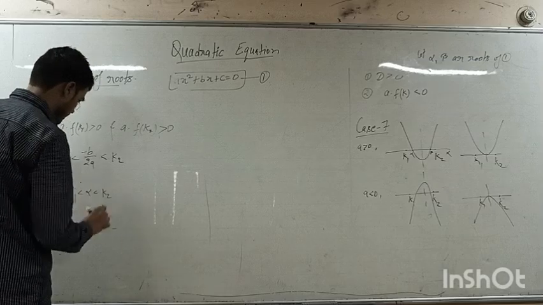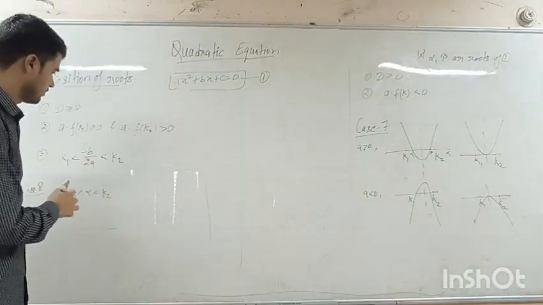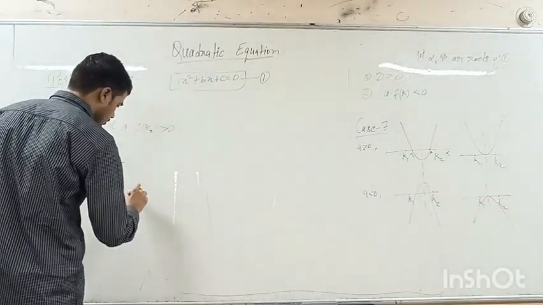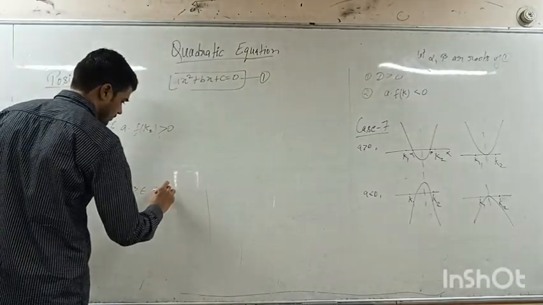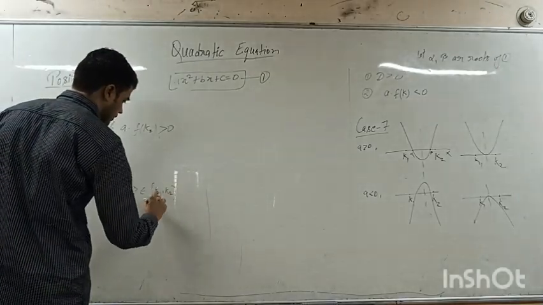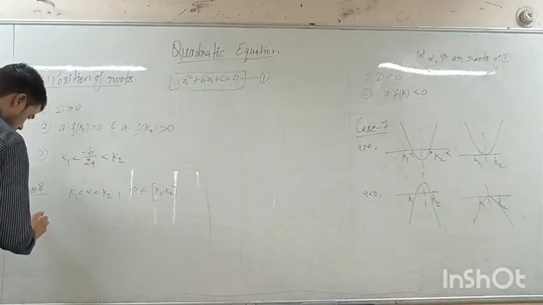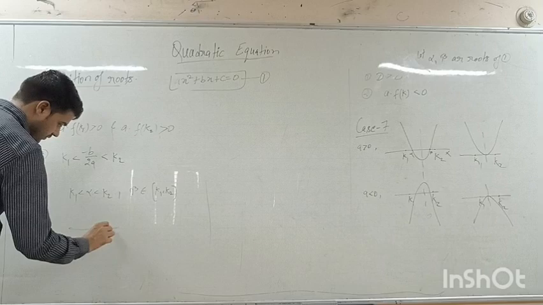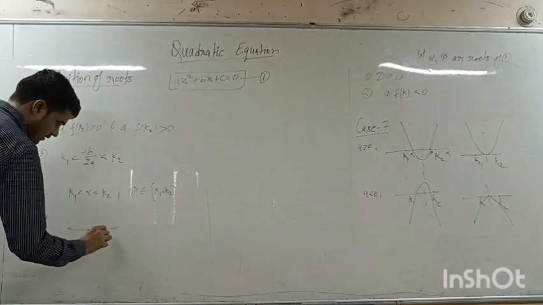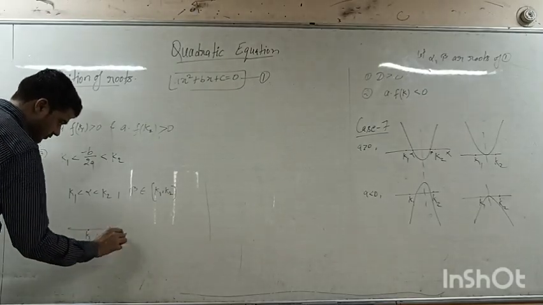Alpha is in between k1 and k2 and beta does not belong to k1 and k2, then what will be the case? If a is greater than 0, then here will be k1, here is k2.